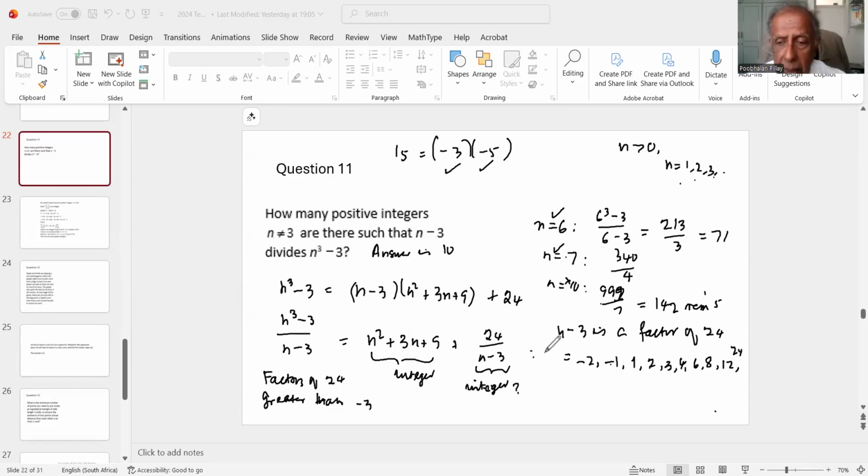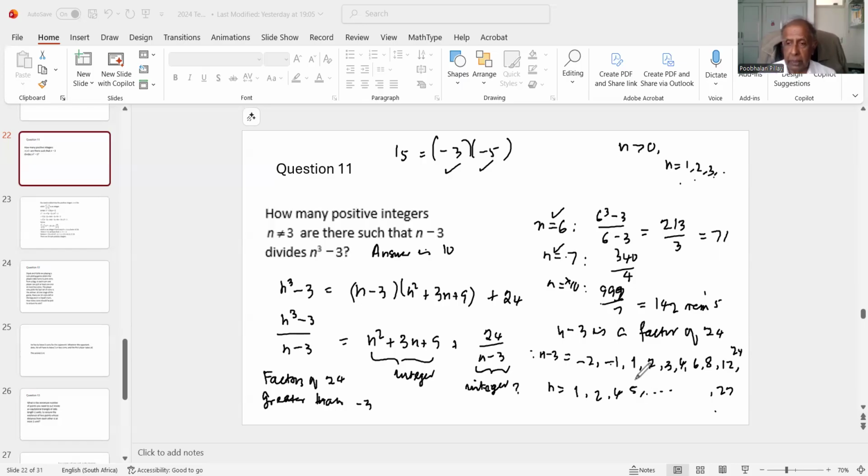So to get the actual answer, n, you have to add 3. You have to take 3 to the other side. So 3 minus 2 is now 1, you see. Add 3 all the way, and you go all the way up to 27. So now you see that n is a positive integer.